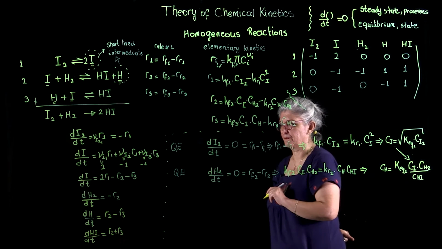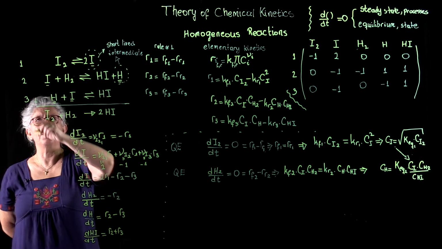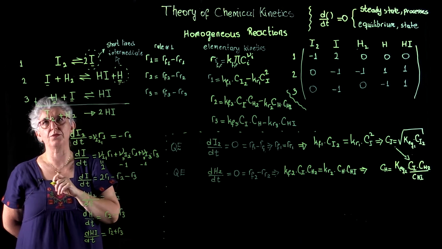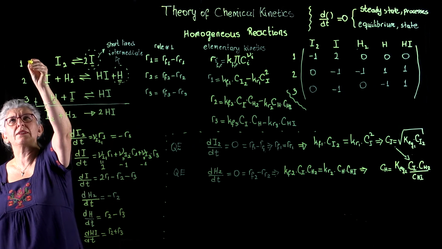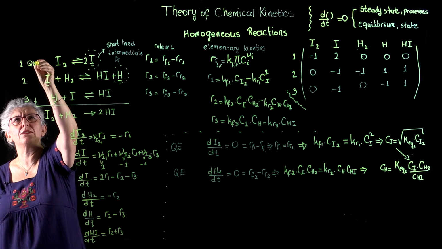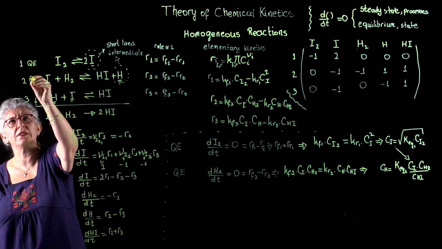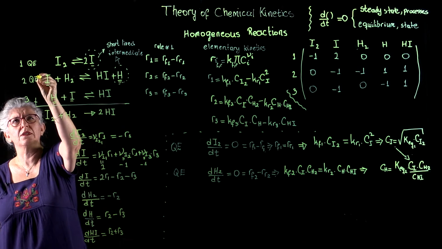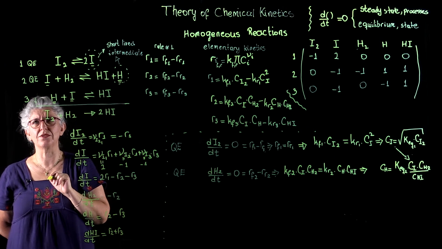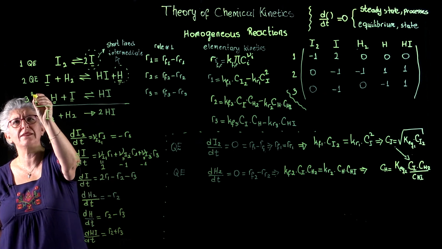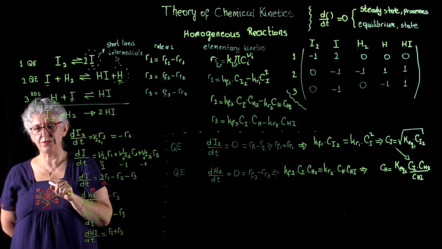Now, for this simple reaction network, it turned out that the first step is under quasi-equilibrium condition. The second step is under quasi-equilibrium condition. All right. And let's take this third step as the rate determining step. Right now, everything is arbitrary.